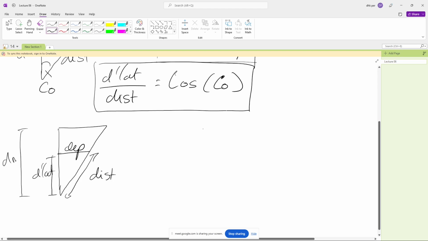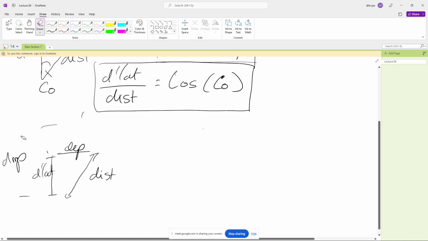This is DMP, this is D long. But I'm not going to draw it like this. The very reason is that if somebody mistakenly puts D lat up to here, then your total sum will be wrong. So I do not recommend this method.